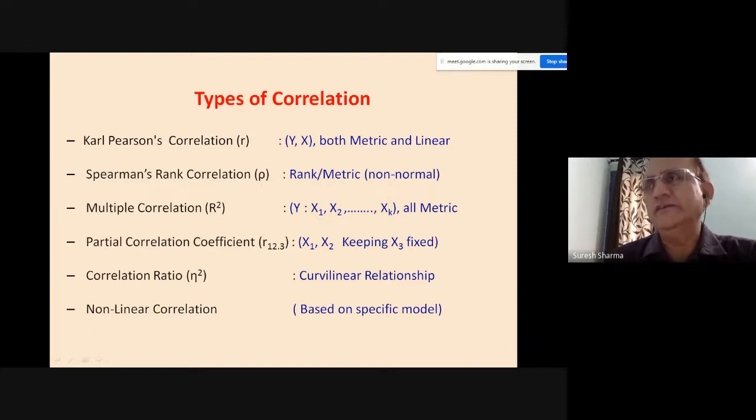Now, what are the conditions to compute Spearman's rank correlation? Sometimes we are dealing with categorical type of data. Let's say there is a questionnaire, and the questionnaire has different questions.